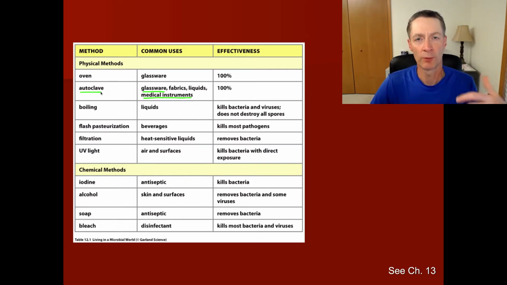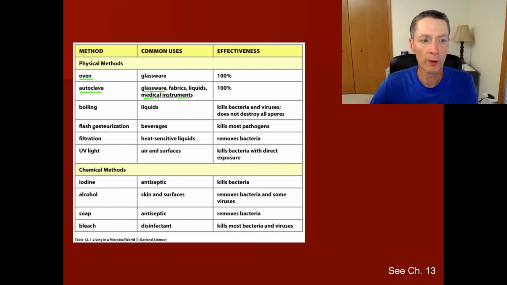High pressure oven, we've talked about this before, and basically kill pretty much 100% of any living things there, and even spores, right? We can get up to that high heat and pressure, we can really kill. Lower pressure ovens can do a pretty good job on glassware as well.